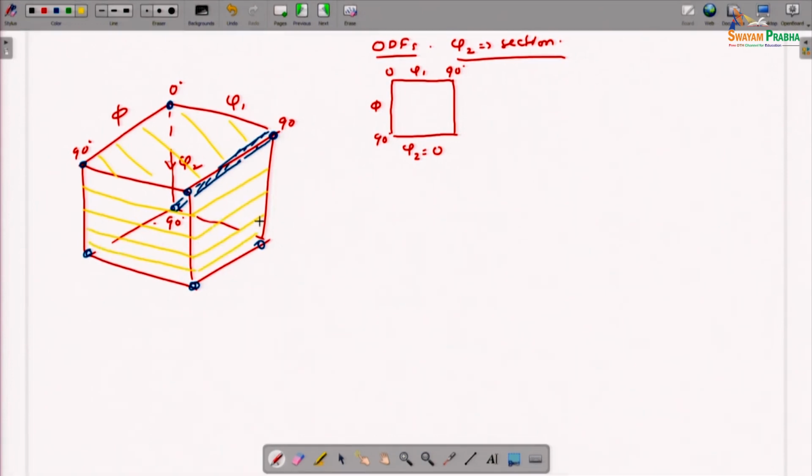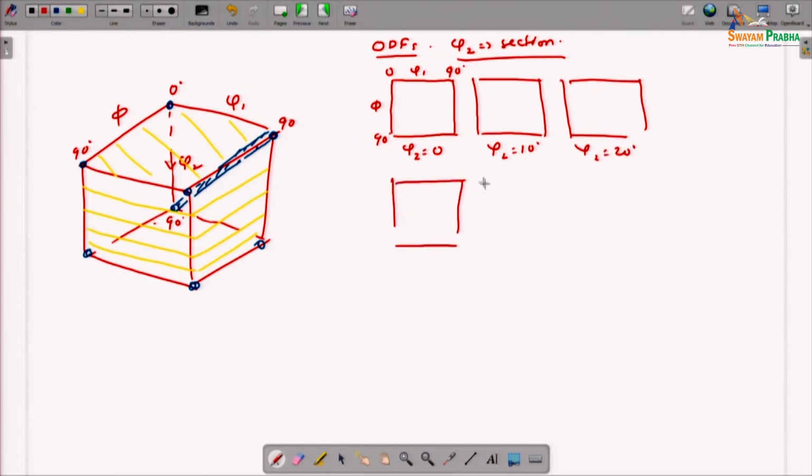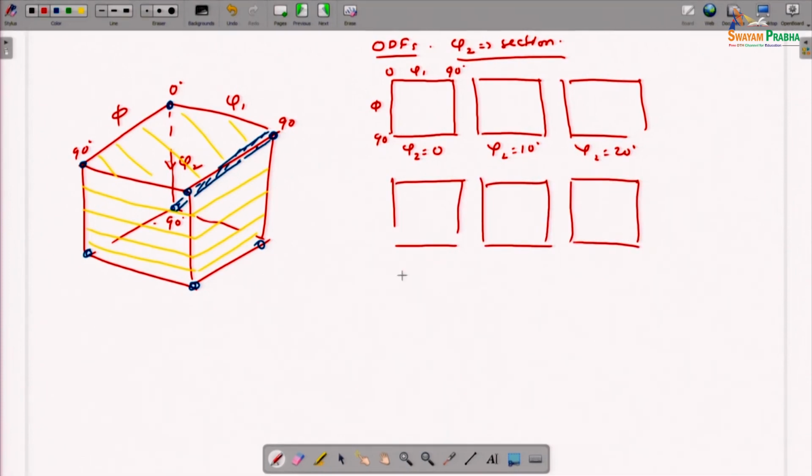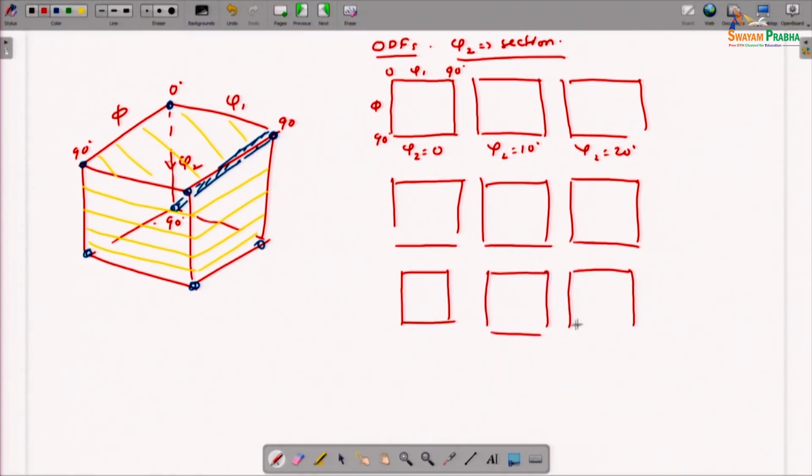Like that if we show the phi 2 equal to 10 degree section and phi 2 equal to 20 degree section, and like that, you see I am drawing it a little faster, so it may not be so beautiful, but I am trying to show you something that will help you in understanding the representation of the texture, where phi 2 equal to 0, 10, 20, 30, 40, 50, 60, 70, 80 and 90 degrees.